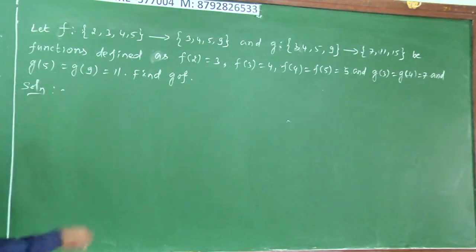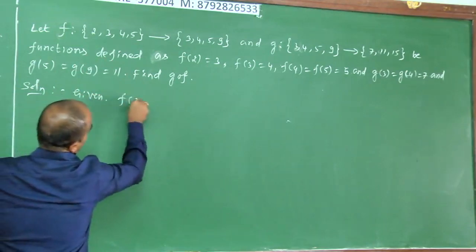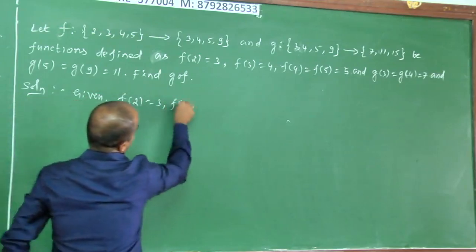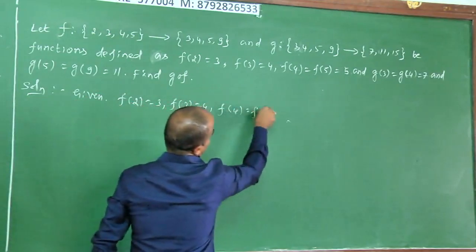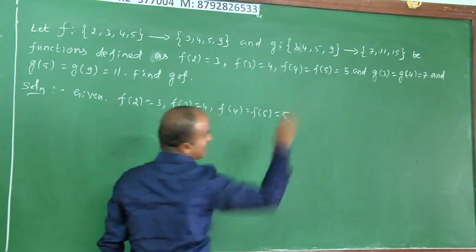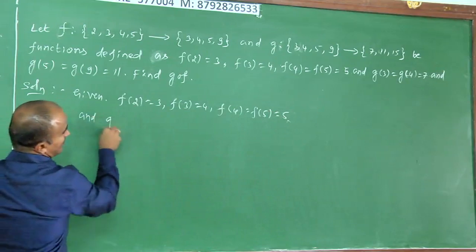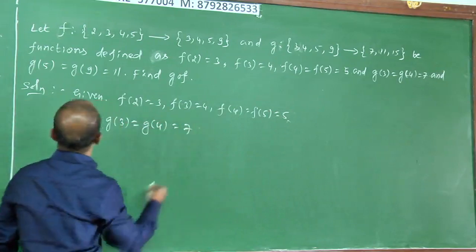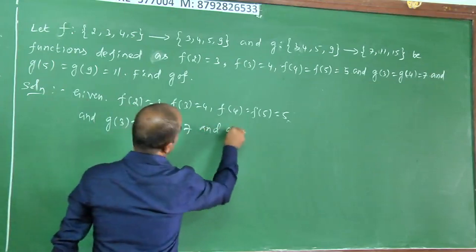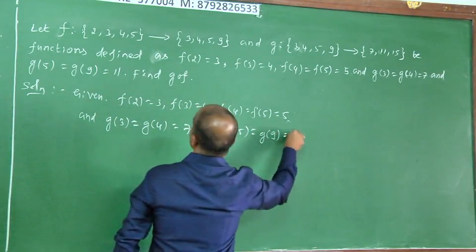Solution. Write down the given data. Given f of 2 equals 3, f of 3 equals 4, f of 4 equals f of 5 equals 5. And g of 3 equals g of 4 equals 7 and g of 5 equals g of 9 equals 11.